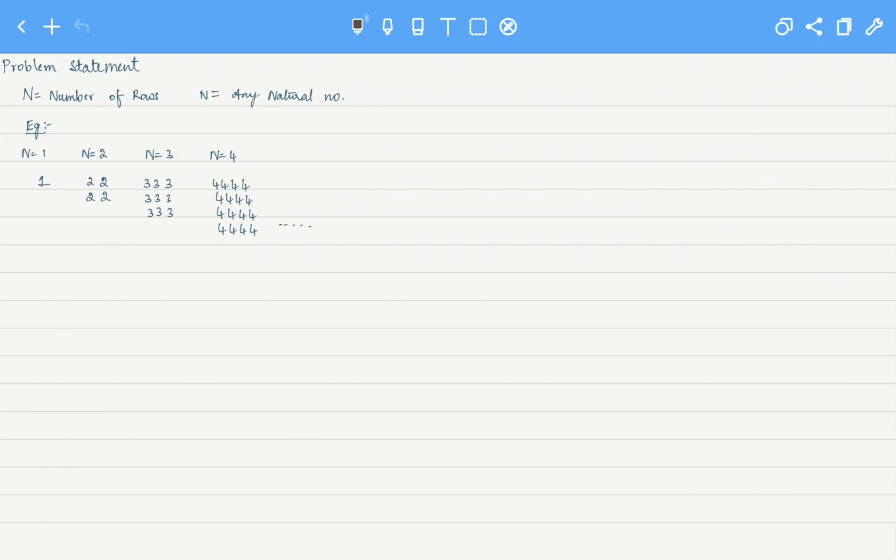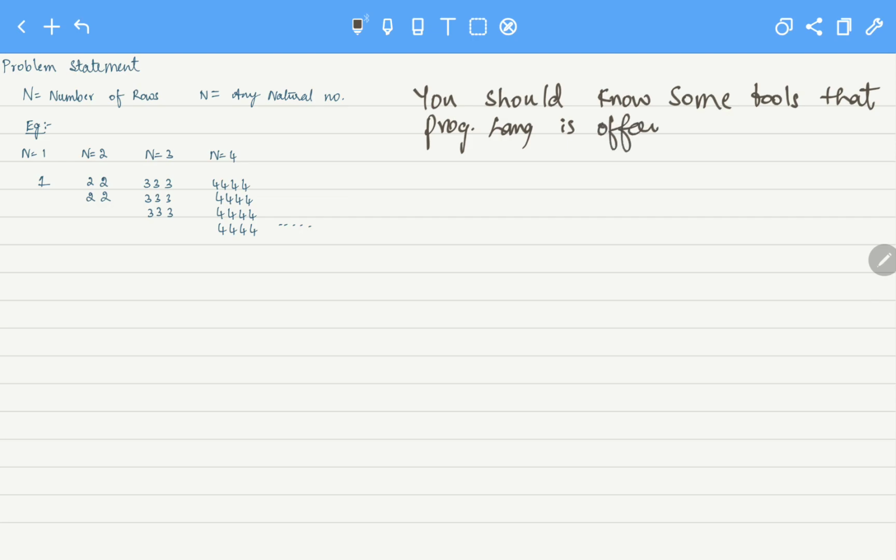For writing any program, for that matter, one thing you have to understand is you should know some tools that the programming language is offering, right?